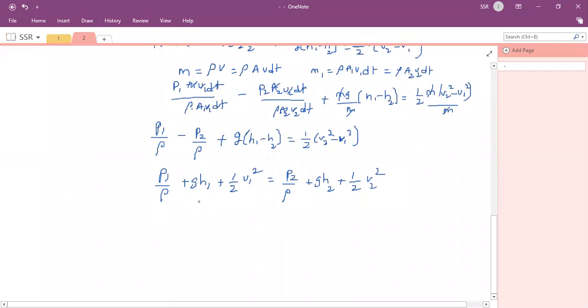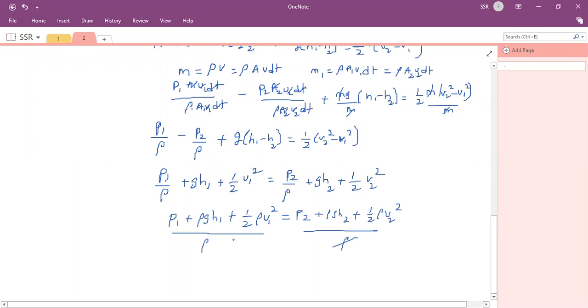Okay, then multiply by rho, put LCM: P1 plus rho gh1 plus half rho V1 square is equal to P2 plus rho gh2 plus half rho V2 square divided by rho.